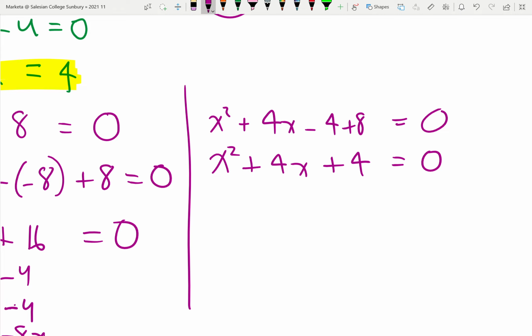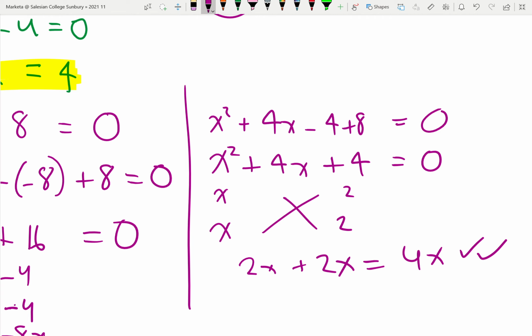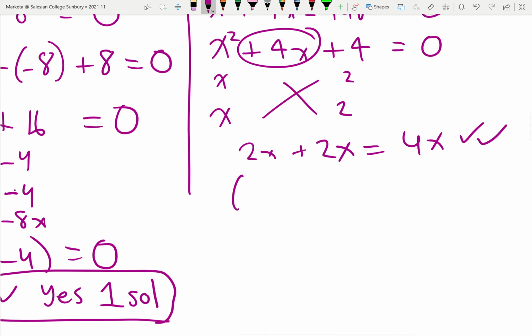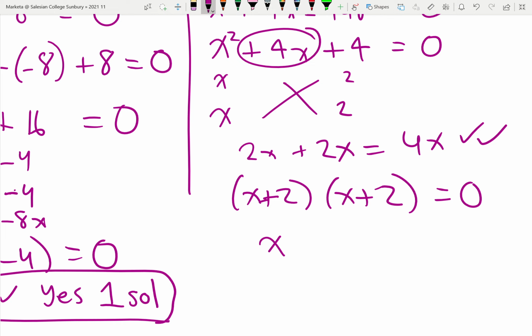So there is one solution, but I'll still cross-factorise it. 2 times 2, x times 2, 2x, x times 2, 2x. So that equals 4x, yes, middle term. So it means x plus 2 equals 0. And if we solve that, we've only got one solution of x equals negative 2. One solution.